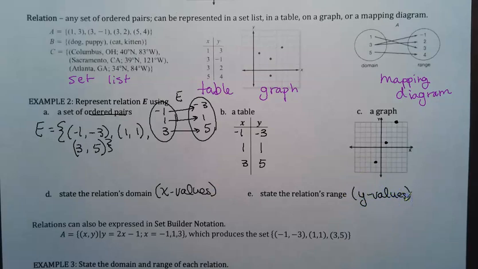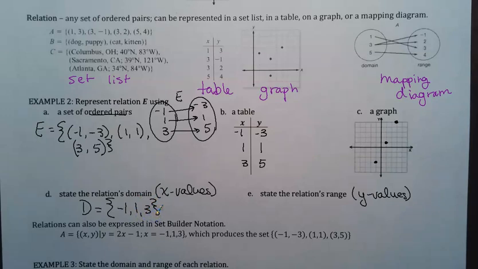So to state the relation's domain, we're going to put D for domain equals, and we're going to list them in a set, like a set list. So our D is our x values, so we can look here. It's -1, 1, and 3, and we close our brace.